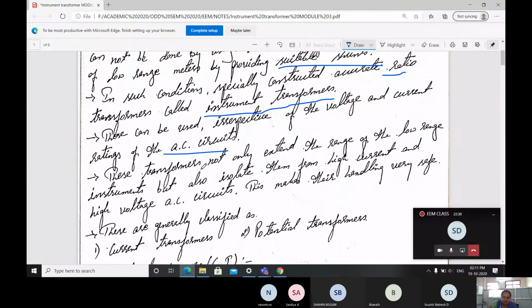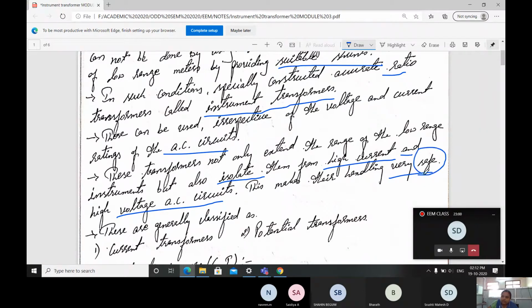These transformers not only extend the range of the low range instruments, but also isolate them from high current and high voltage AC circuits. We can extend the ranges of current or voltage, and also isolate them. And this makes their handling very safe.